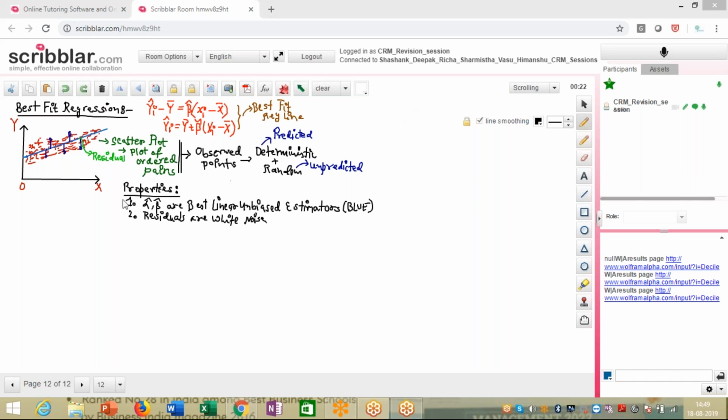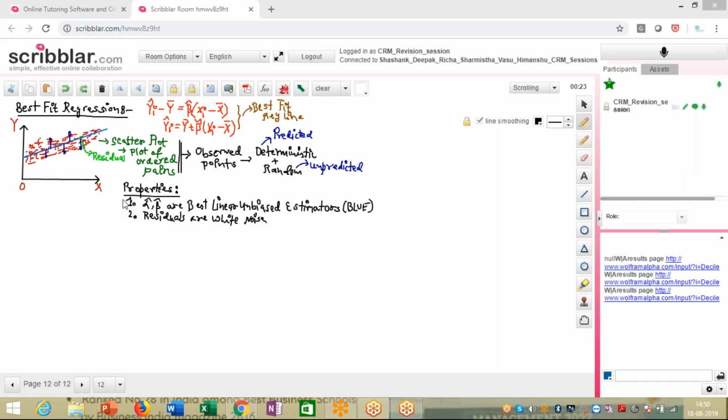I'll show you what the assumptions are which ensure that the estimator you obtain through OLS is the best linear unbiased estimator. So we'll try to capture that.